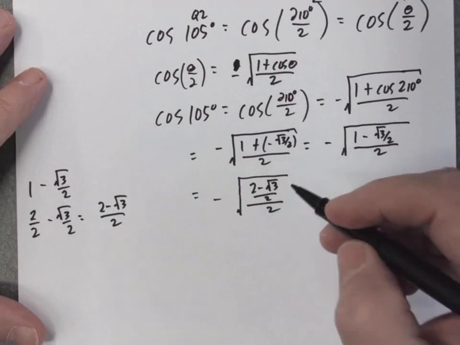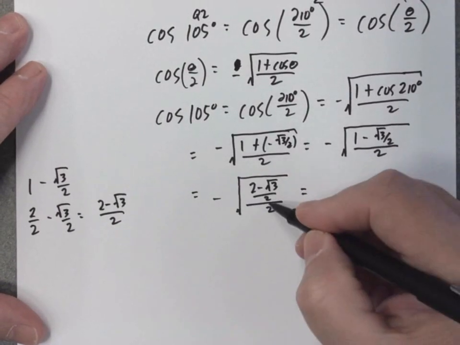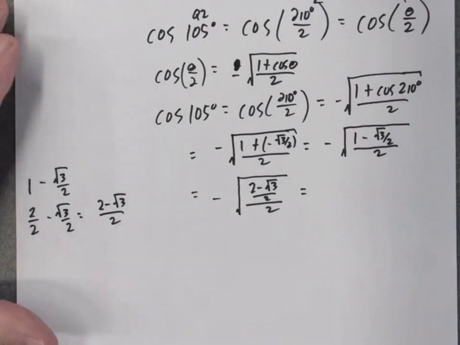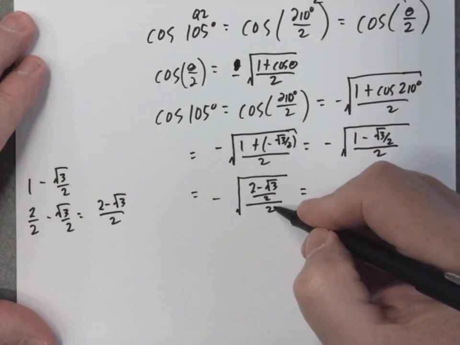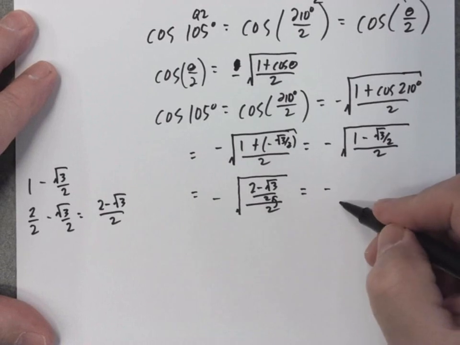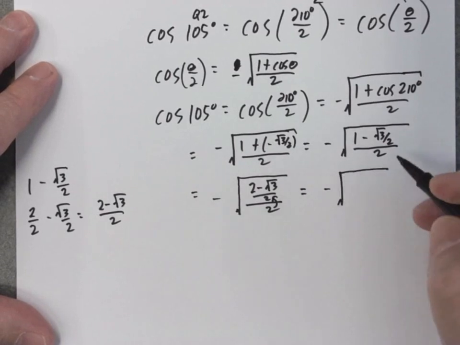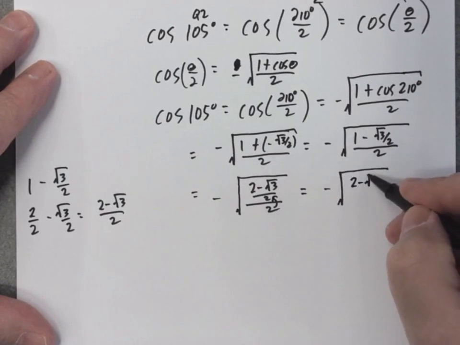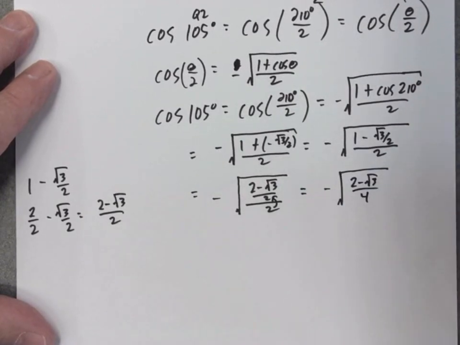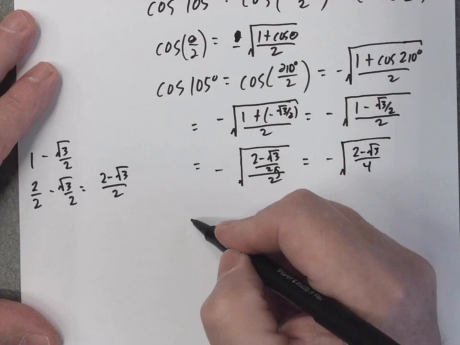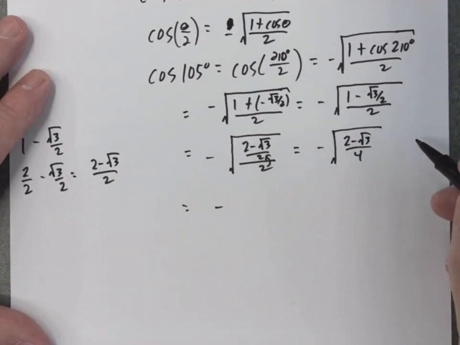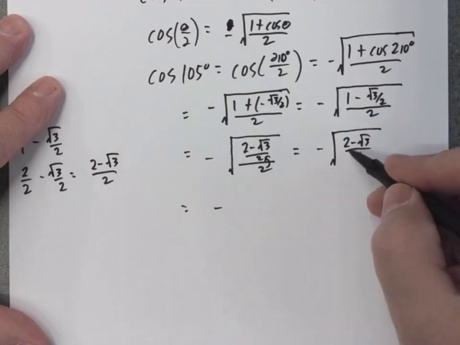Now I have a complex fraction. I'm not going to take the time now. Hopefully you all remember and know how to simplify a complex fraction. In this case, this 2 moves up to the bottom of this fraction. So like a shortcut, it's 2 times 2, which is going to be 4. Now, once again, just not skipping steps in case some of you haven't done this for a while.